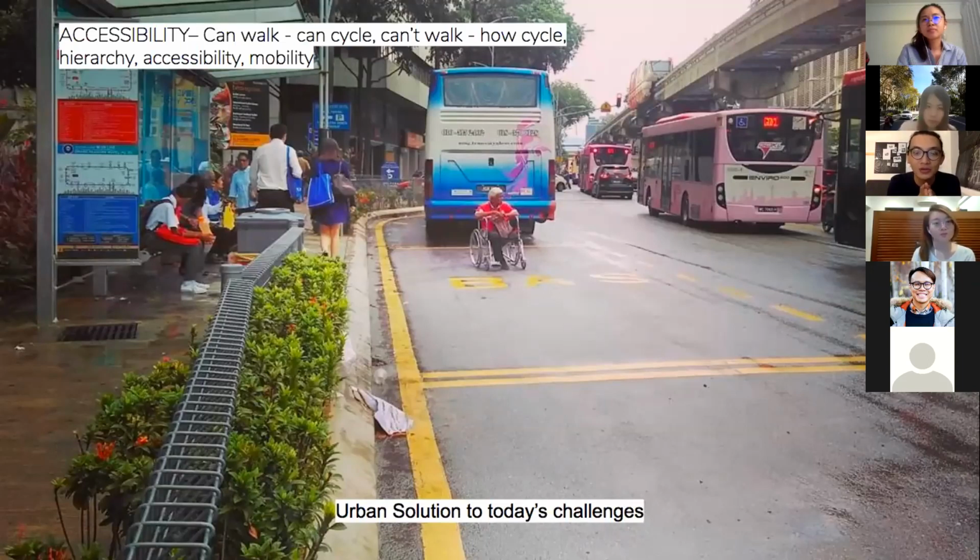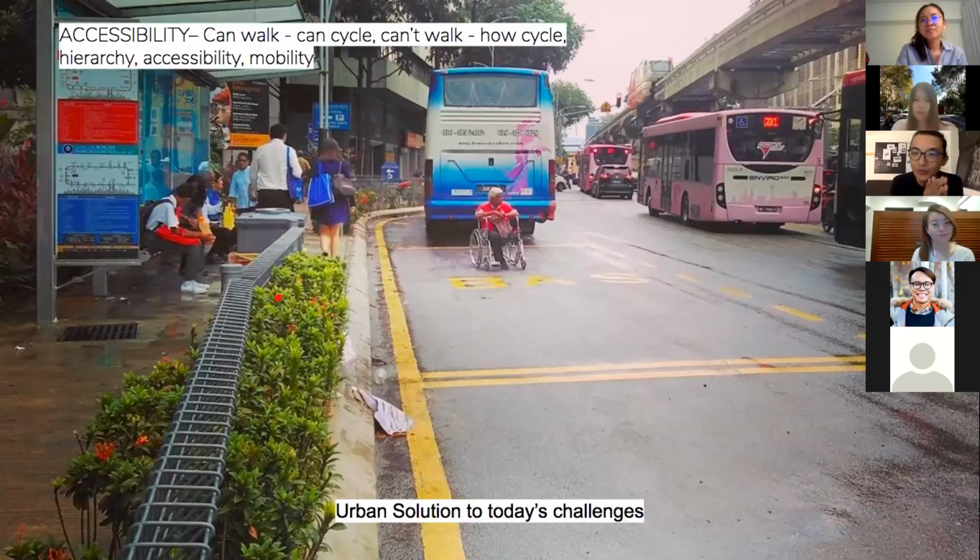This is opposite General Hospital in KL. Of course, there will be a high number of people with different abilities that will need access. But as you can see, he's waiting for a bus on the road, because of the modern way of DBKL's standard building landscape and barriers for crime and bus stops. As you can see, the person has to walk along the bus stop in order to cross.